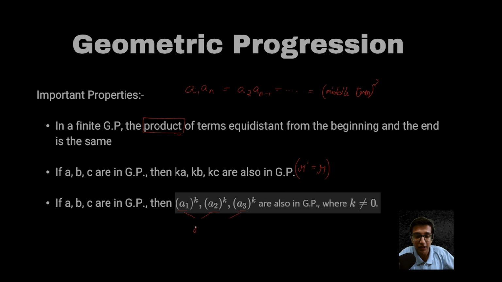And if we were to find out the common ratio of this, it would be A2 by A1 whole to the power K, which we can refer to as R to the power K. That means the new common ratio for such a sequence would become R to the power K.